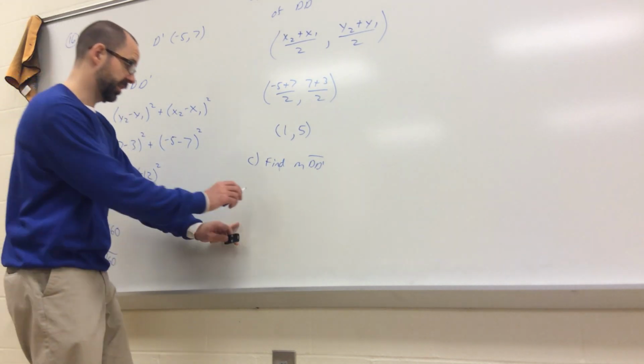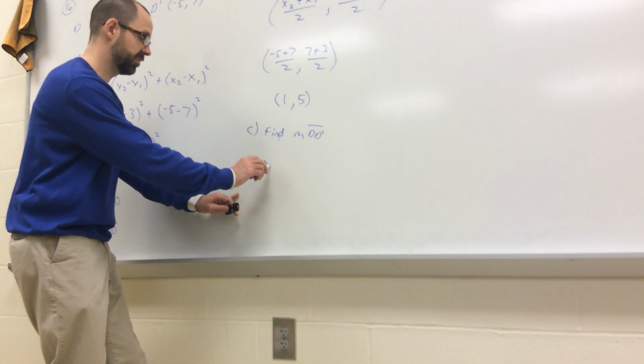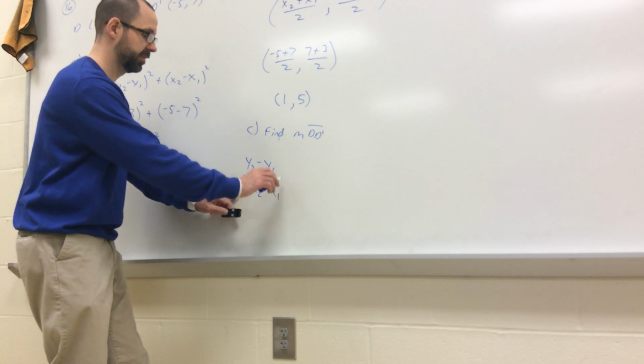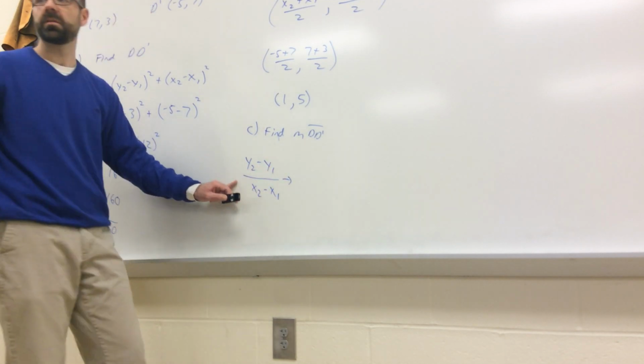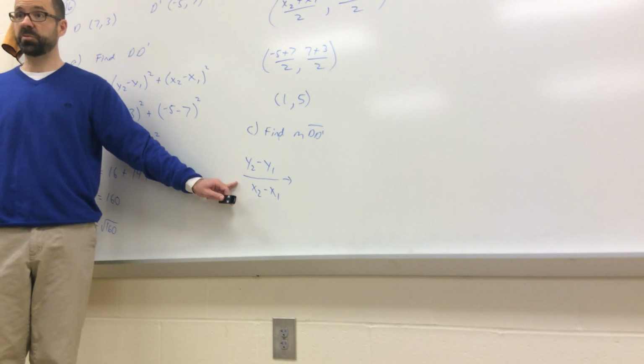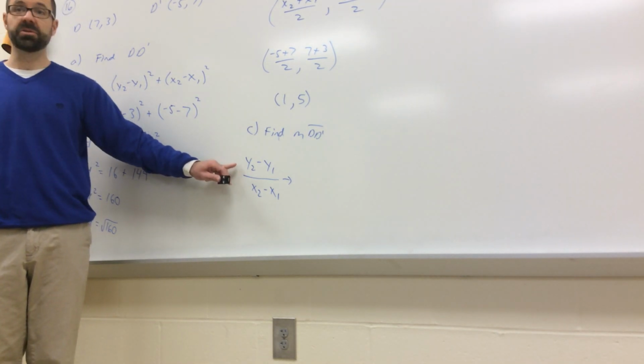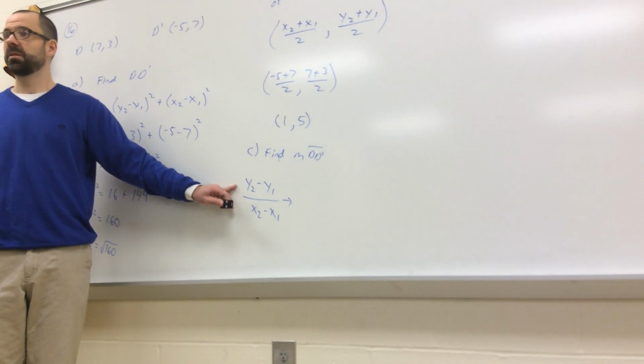And that formula is y2 minus y1 over x2 minus x1. So back to subtraction. Slope is subtraction. Also back to starting with the y's. Y's come first with slope.